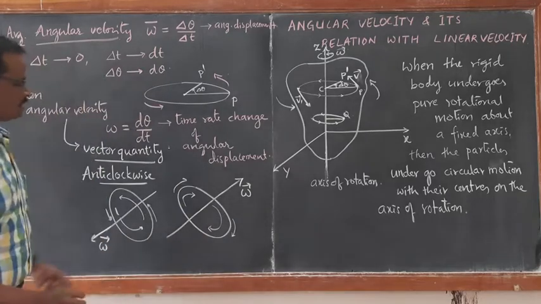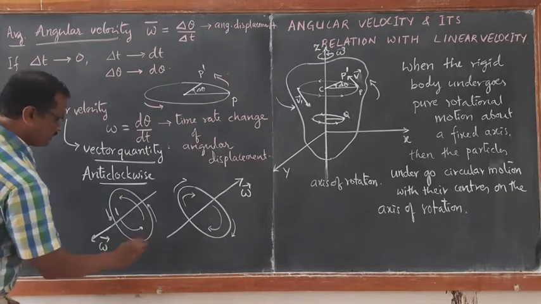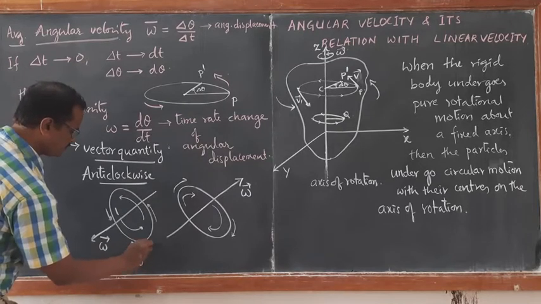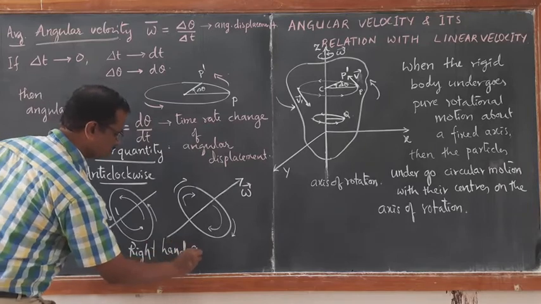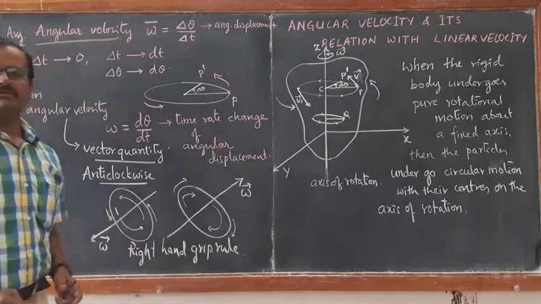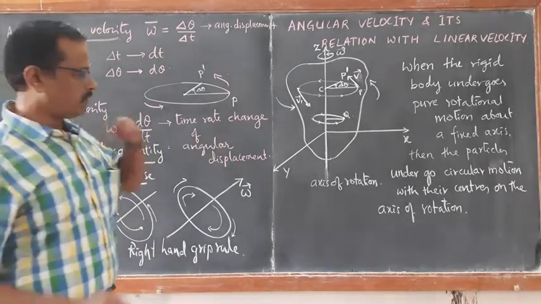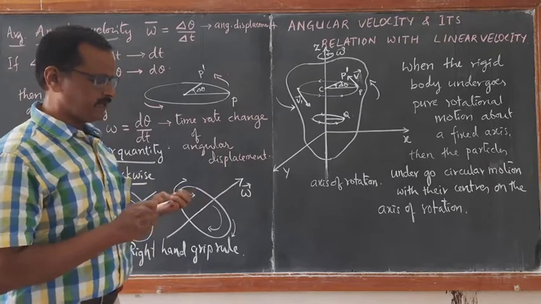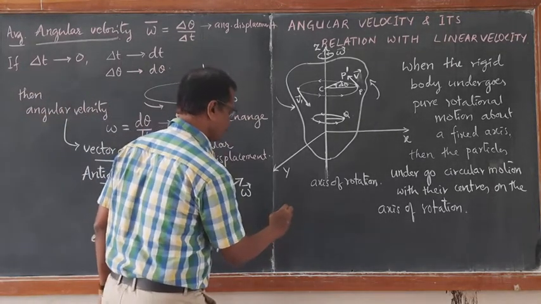So it depends, again, on the right-handed screw rule. Again, you can use the right hand grip rule to find the direction of angular velocity. Now, what is the relation between the angular velocity and linear velocity? We know that from previous discussion.